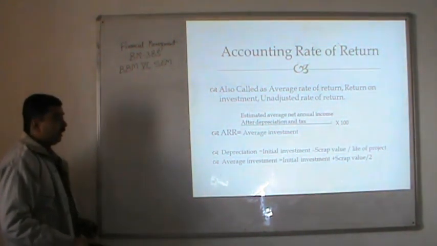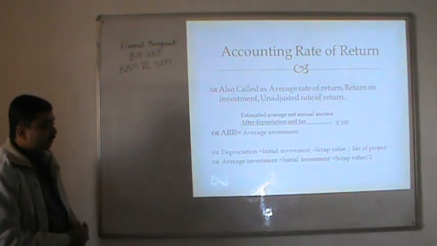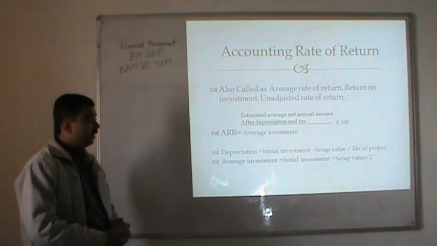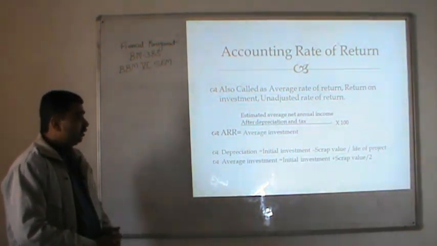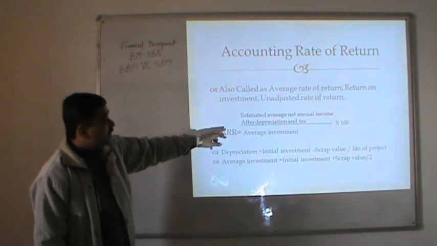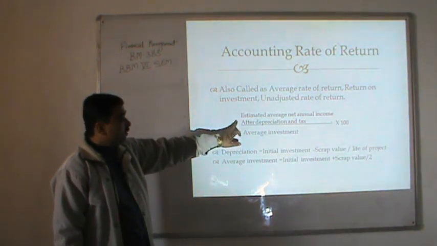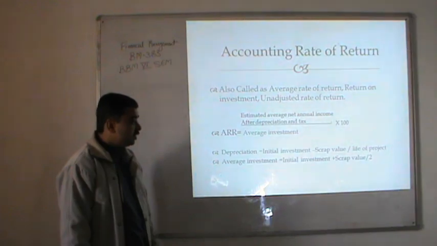So with the help of the average inflows, we will be calculating how much we are getting in 1 year. In this method, we calculate it with a simple formula: the estimated average annual net inflow after tax and after depreciation, divided by average investment.